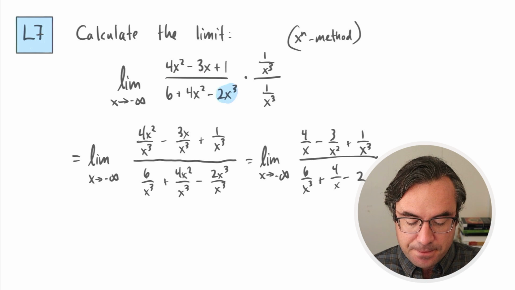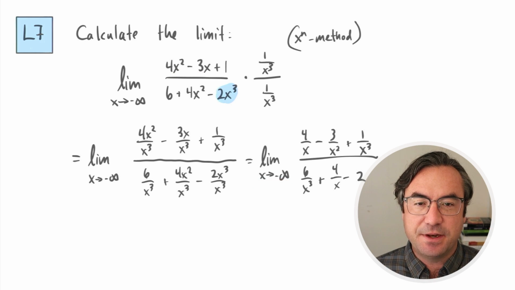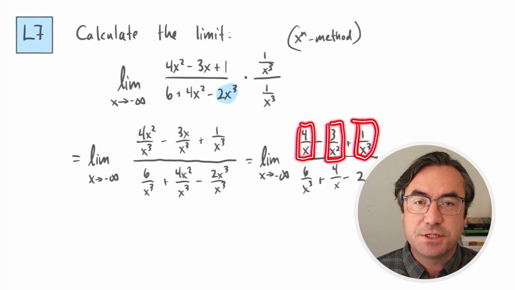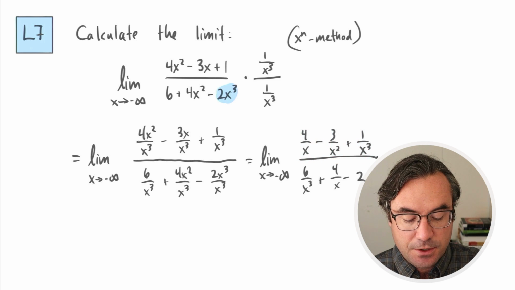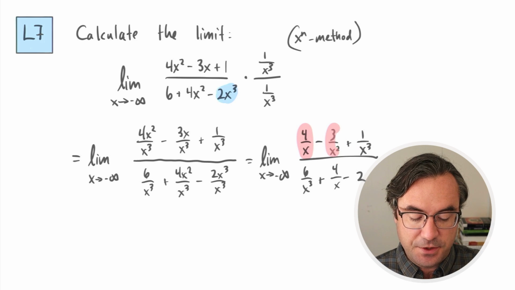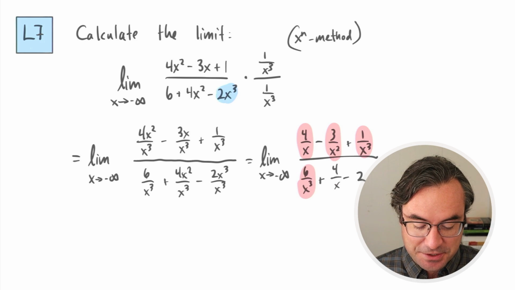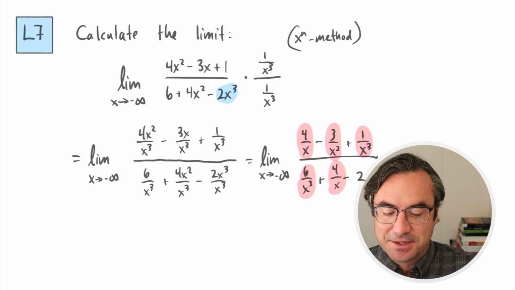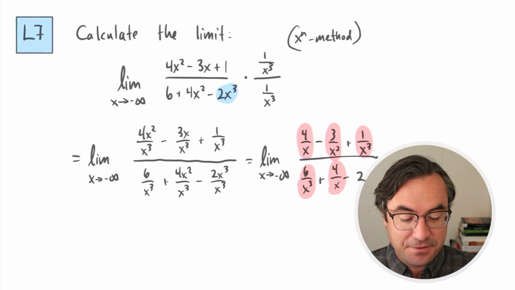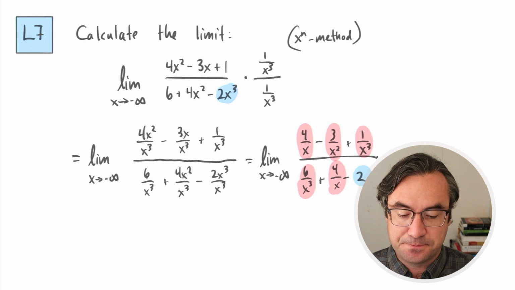But now, since x is going to minus infinity, each of these fractions goes to 0. This fraction is going to go to 0. This one's going to go to 0. This one's going to go to 0. That one's going to go to 0. So all these little fractions are going to 0. The only thing we're going to have left is that 2.